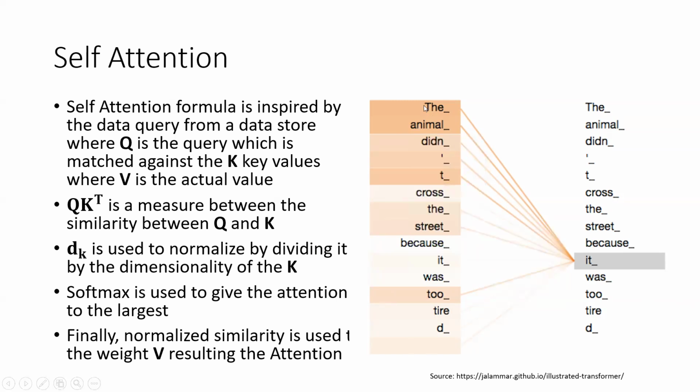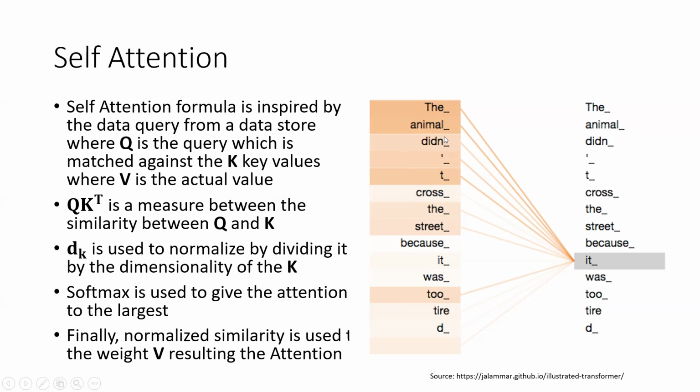Like, the animal didn't cross the street because it was too tired. In this case, you can see those are not whole word tokenization; those are word piece, subword tokenization. The is tokenized as a single token, and underscore is also there, and animal is taken as a single token.